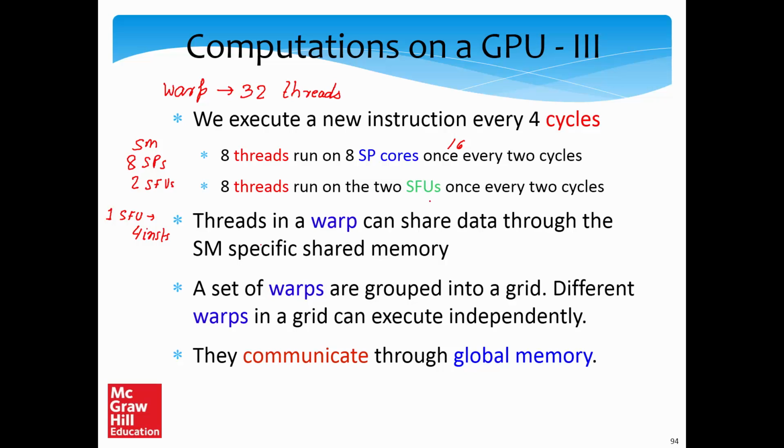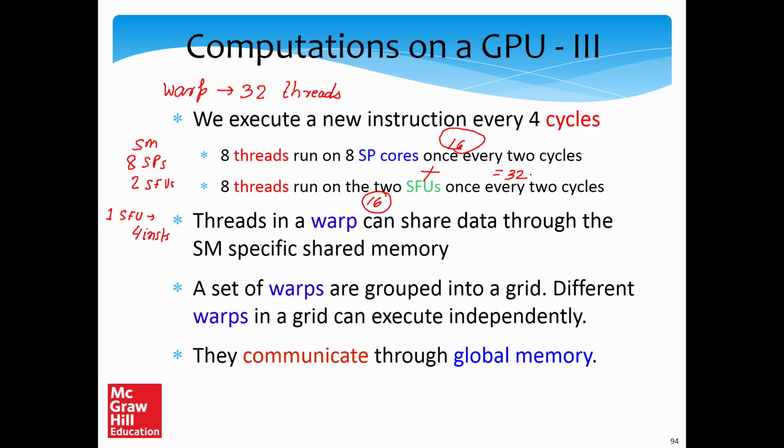SFUs are also scheduled once every 2 cycles. So since once every 2 cycles they can process 8 threads, in 4 cycles they can process 16 threads. So we have 16 plus 16, 16 coming from SFUs and 16 coming from SP cores.